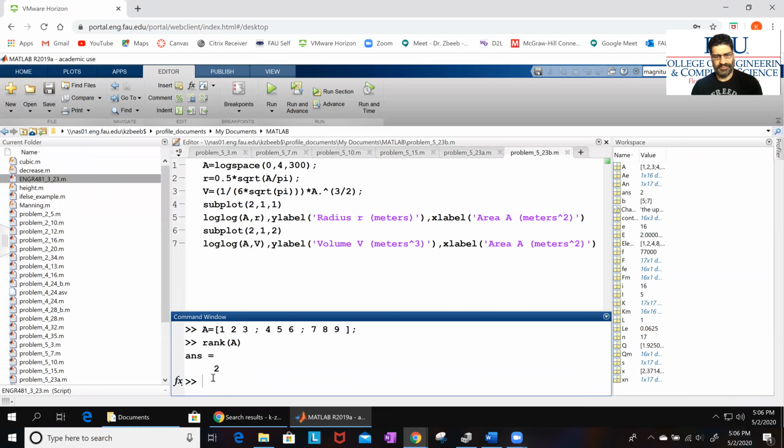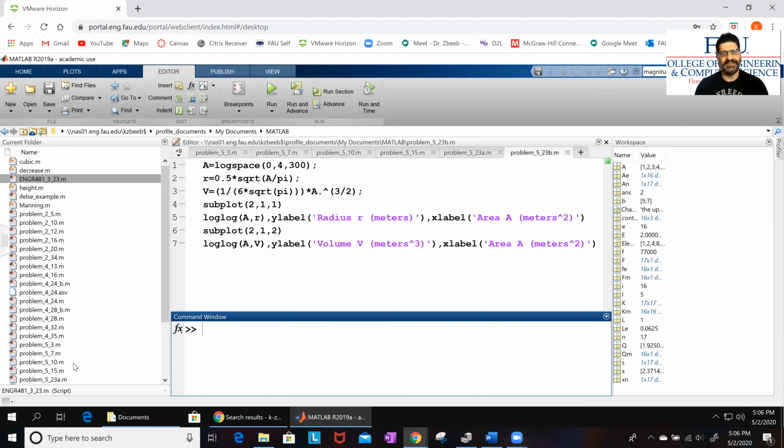All right, so in your case, if you're doing this as a homework, you definitely have to do a script file.